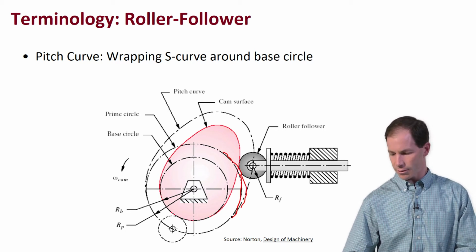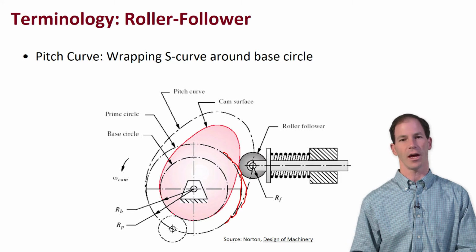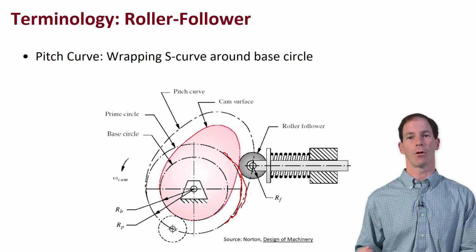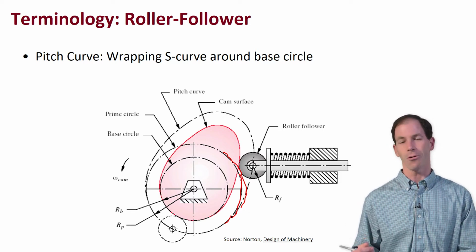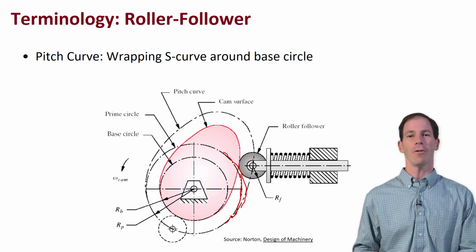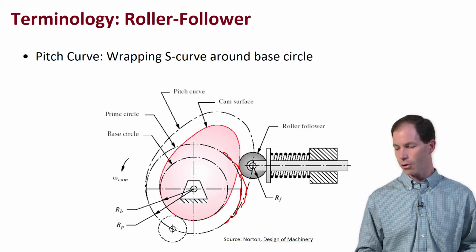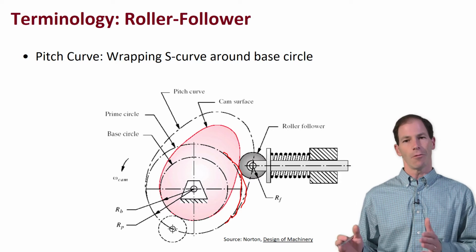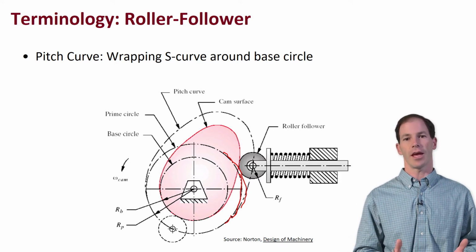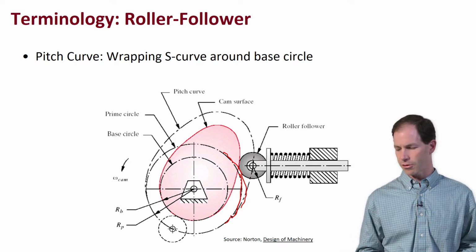And you'll notice that that comes out here beyond the surface of the cam, and that is then the center that the roller follower would follow. So what we do is we basically just take our S curve that we generated and we wrap it around that prime circle to form our pitch curve that we're interested in. And then we have to do an offset to figure out where the cam is actually going to be. So that's where we start with this.